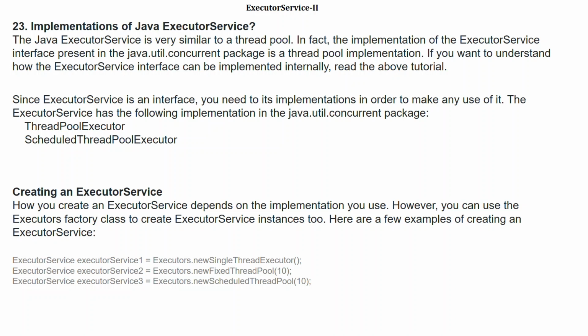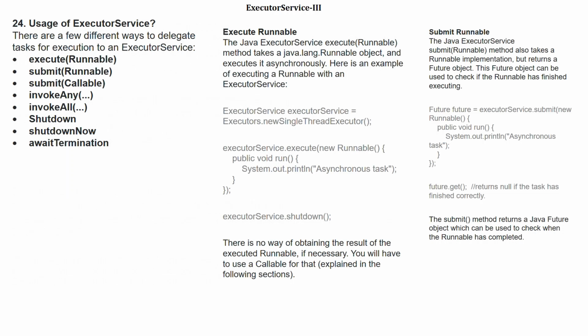Usage of ExecutorService. There are a few different ways to delegate tasks for execution to an ExecutorService: execute(Runnable), submit(Runnable), submit(Callable), invokeAny(), invokeAll(). Then there are shutdown, shutdownNow, and awaitTermination. execute(Runnable): the Java ExecutorService execute(Runnable) method takes a java.lang.Runnable object and executes it asynchronously.